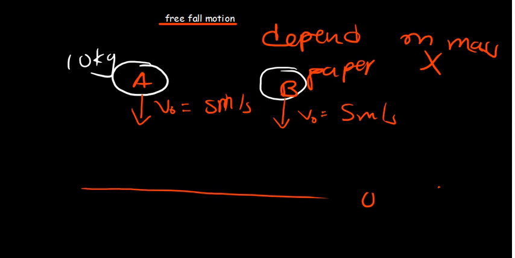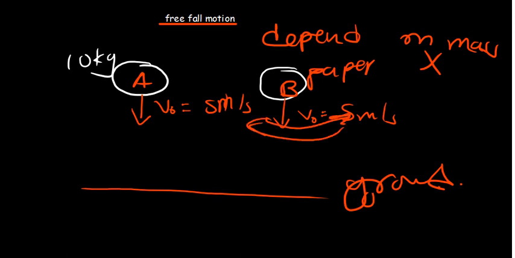This is our ground. You are going to discover that object A reaches the ground faster than object B. Why? Because of air resistance. For this object to reach the ground, it is going to go this way, then there, and as a result it takes more time to reach the ground.